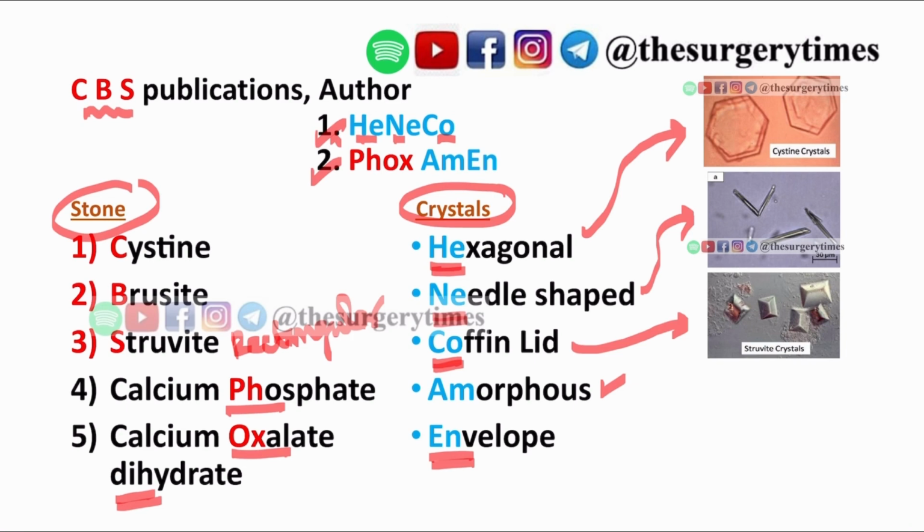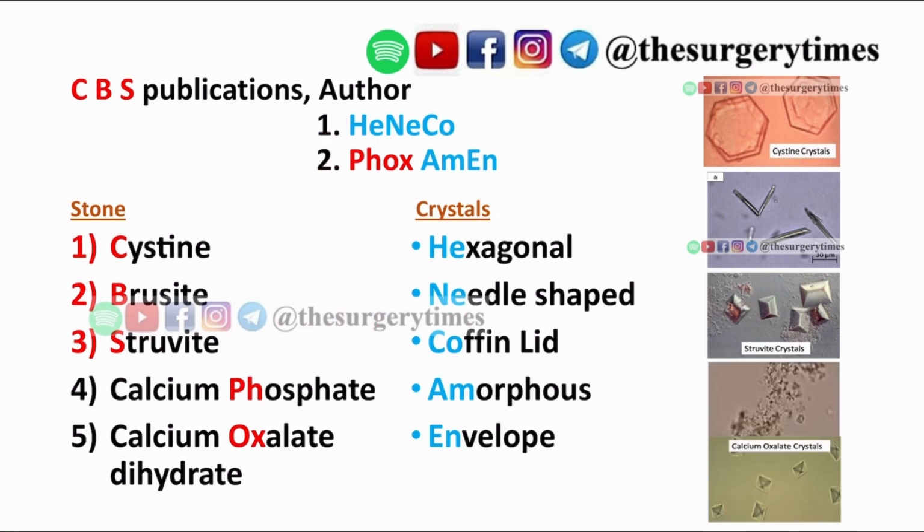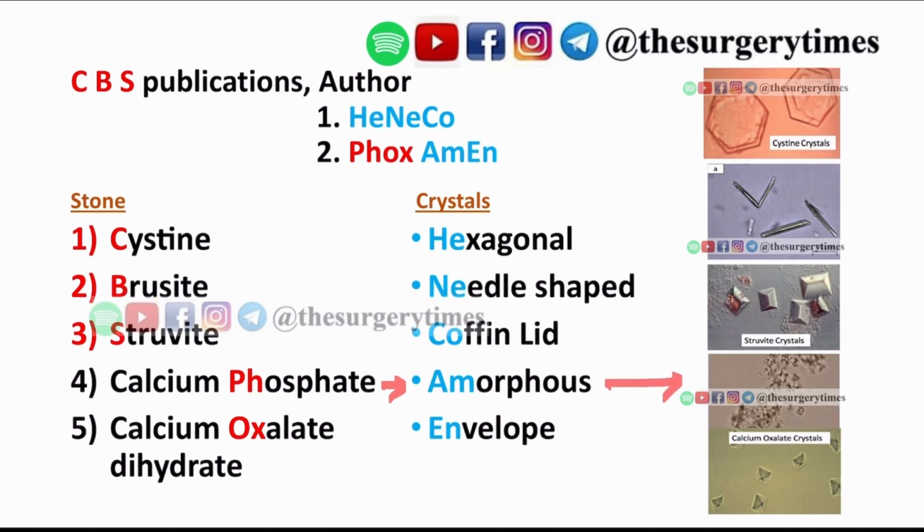And along with that, remember calcium phosphate is amorphous in shape, and calcium phosphate apatite is also amorphous in shape. Now calcium oxalate dihydrate is envelope shaped, otherwise tetrahedral.